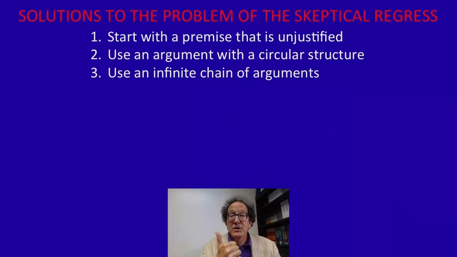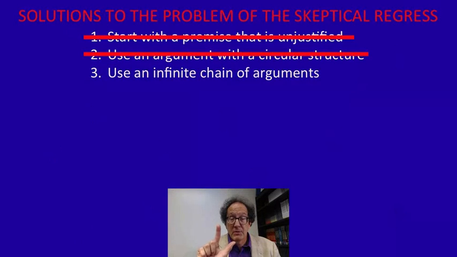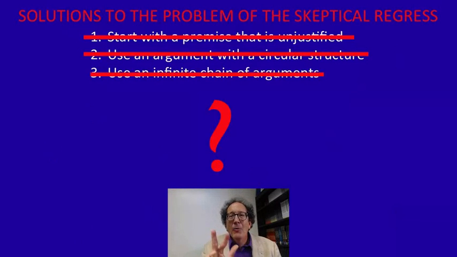If the unjustified premise approach doesn't work, and the circular argument structure doesn't work, and the infinite chain of arguments doesn't work, then it's hard to see how we can get around the problem, which is to say, it's hard to see how any kind of argument could ever justify us in believing anything.